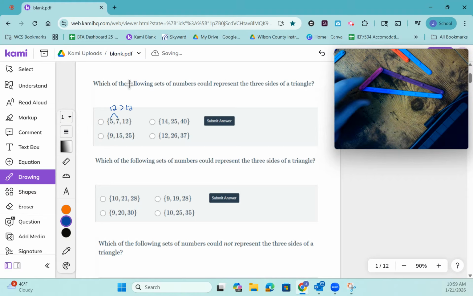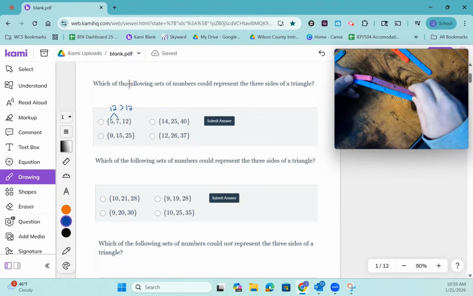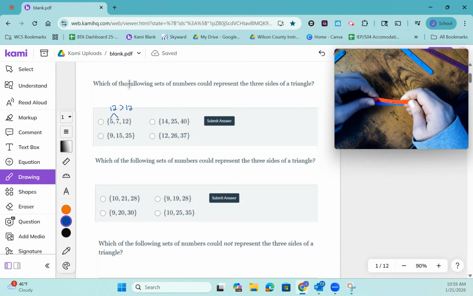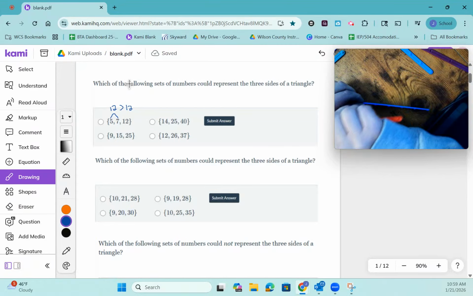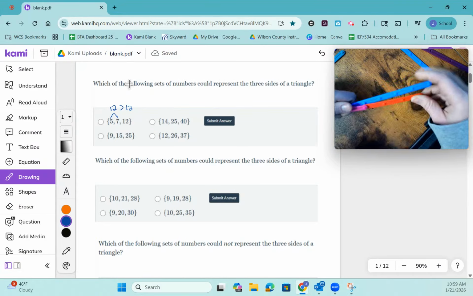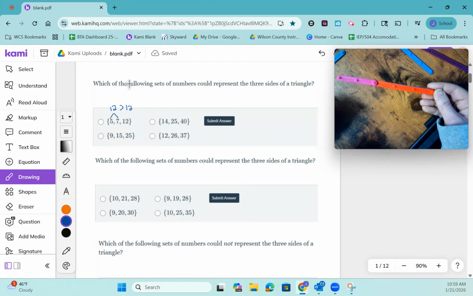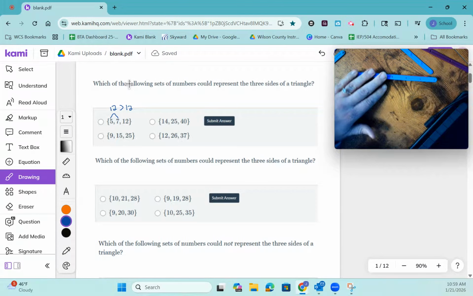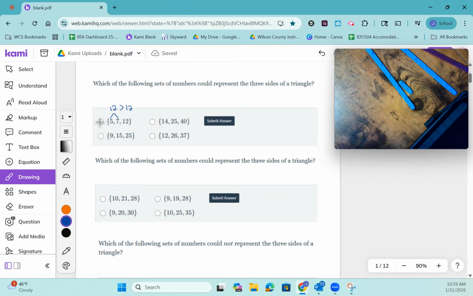That would be side lengths that line up exactly, and it would just make two straight lines if they're exactly the same length. So that will not work for the three sides of a triangle.